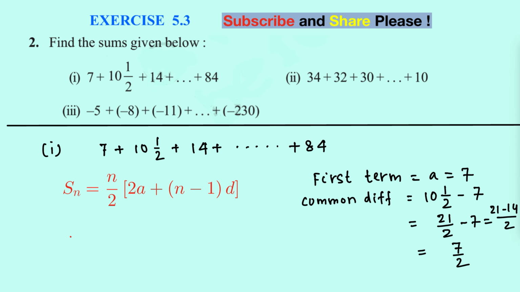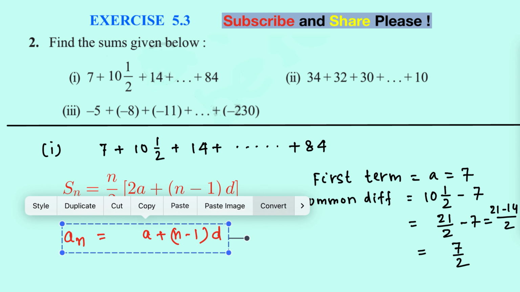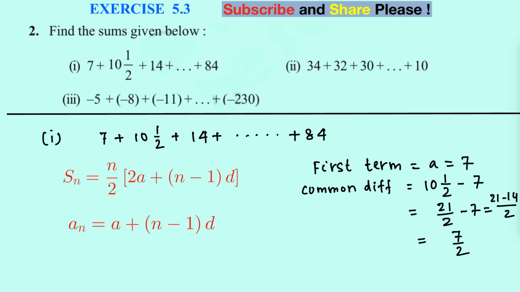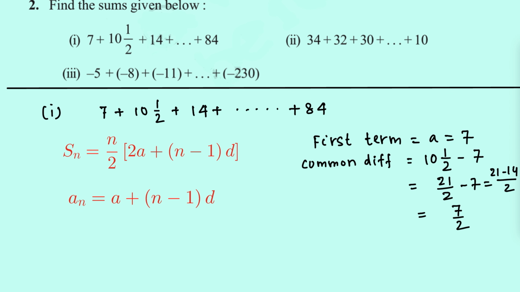And the formula for the nth term, we know, is an equals a plus n minus 1 into d, where an is the nth term, a is the first term, n is the number of terms, d is the common difference. Now in this case, an is equal to 84.